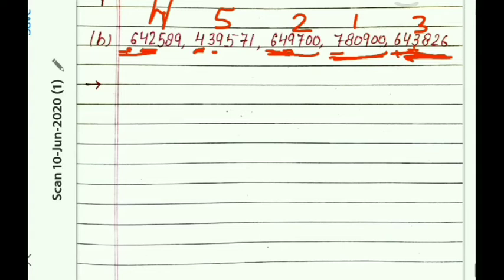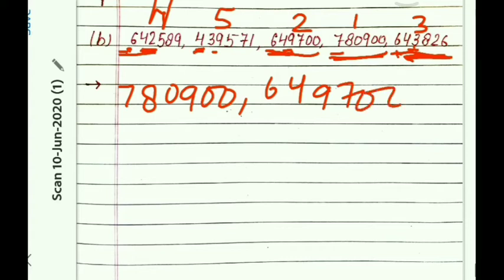Now we can arrange into descending order. Which one is coming first? 7,80,900. Okay. Put a comma here. Second number 6,49,700. Okay. Third one is coming 6,43,826.